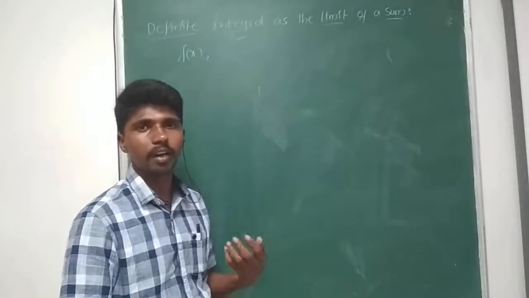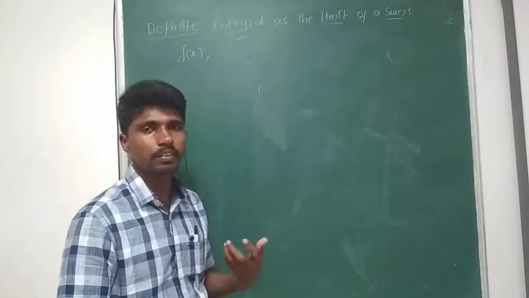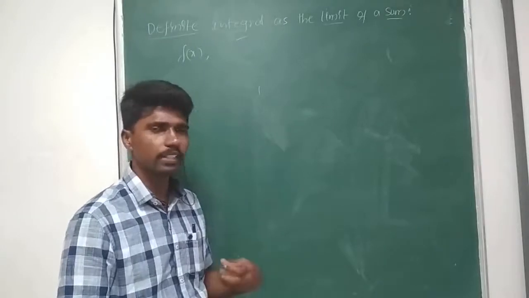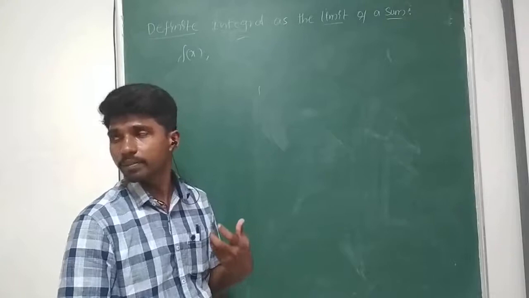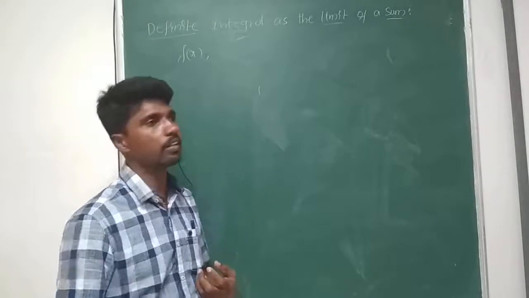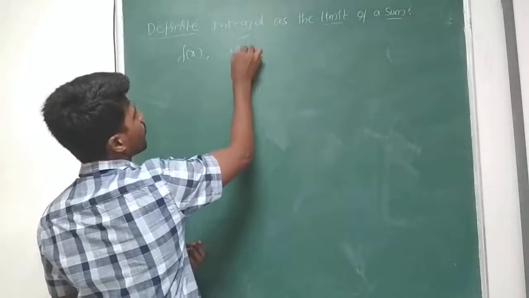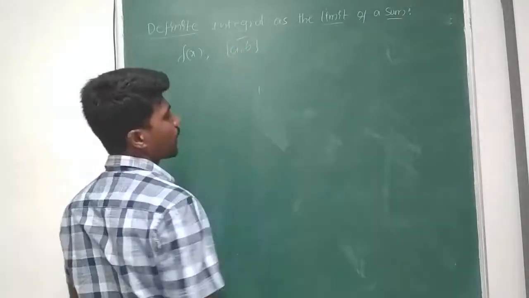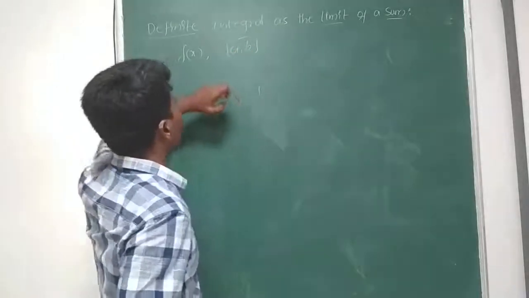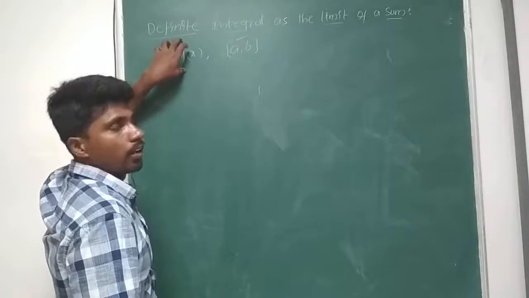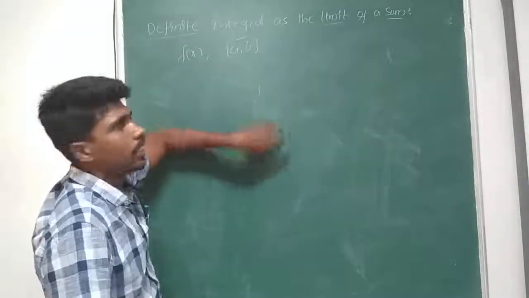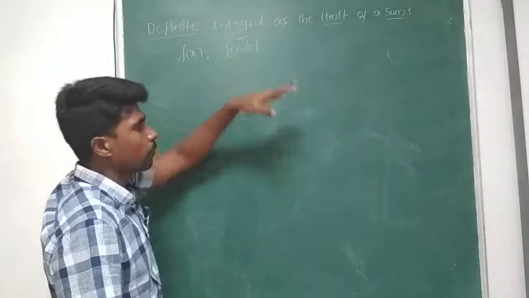If I consider a function f of x like that, and say it is continuous in the interval a, b, and I want to find the area enclosed by this curve and the x-axis in this interval, how am I going to find it?